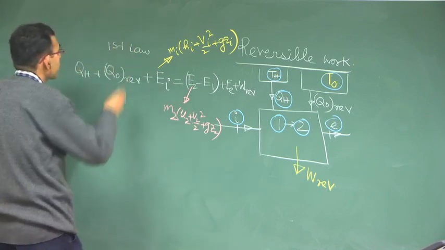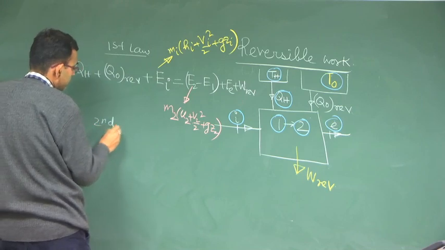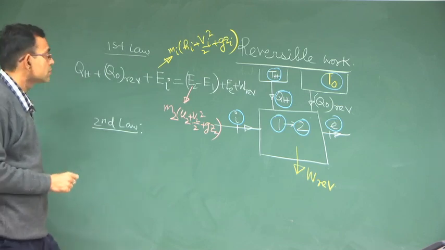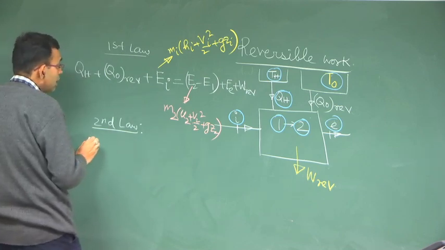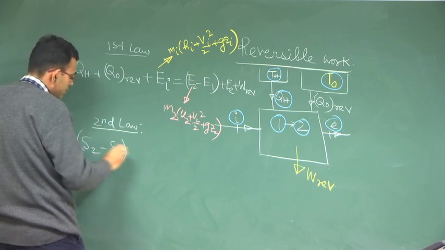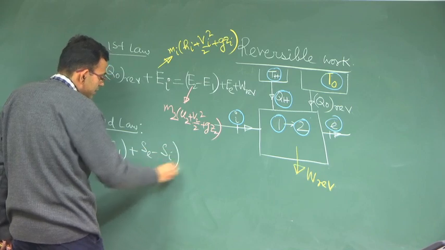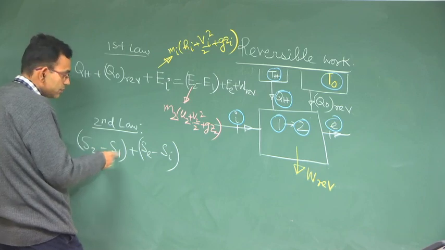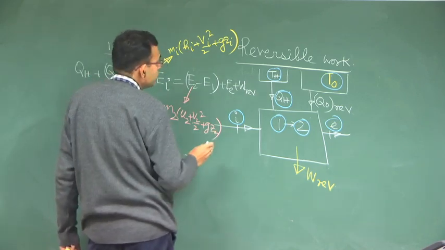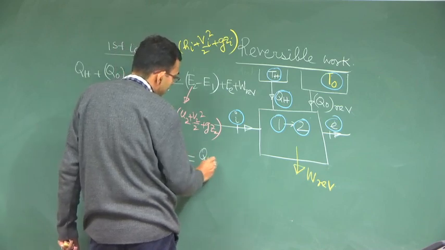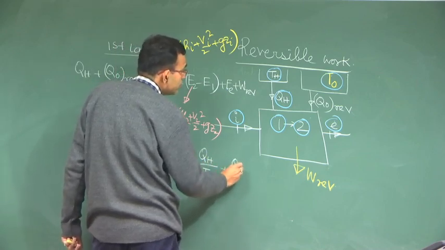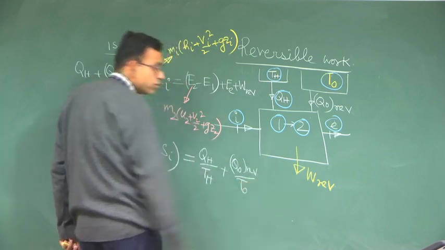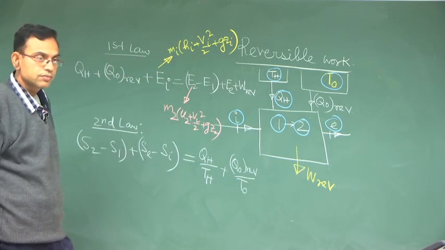Second law: S2 minus S1 plus SE minus SI, these are all capital S, that means specific entropy into mass, this is the change in entropy, is equal to QH by TH plus Q0 reversible by T0 plus there is no entropy generation because it is reversible.